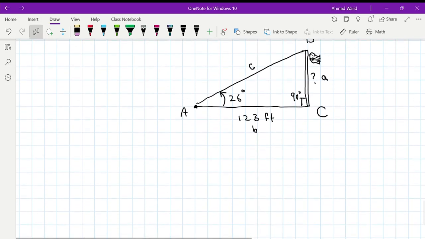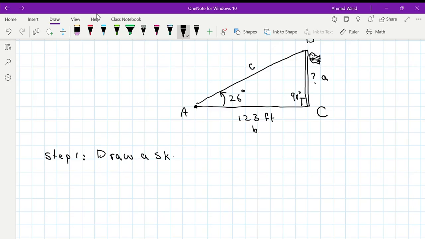Before doing that, I will write steps and I'll show in each step what to do. Step number 1. Always follow these steps, please. Draw a sketch, which we did. That's your step 1. And label it. Label it means the values that are given to you in the problem, label those values.